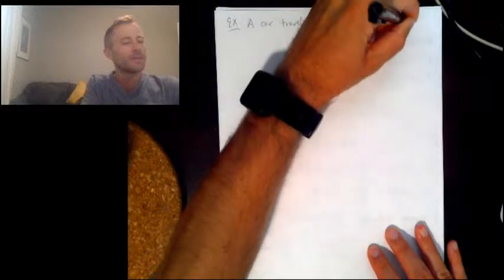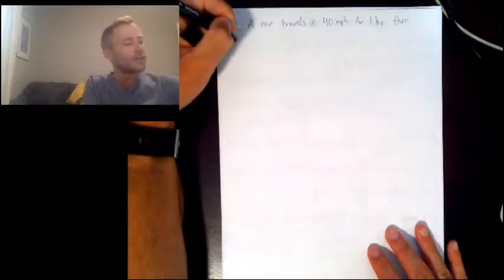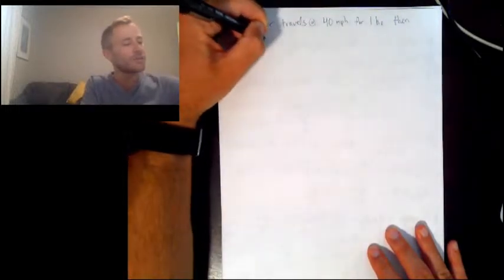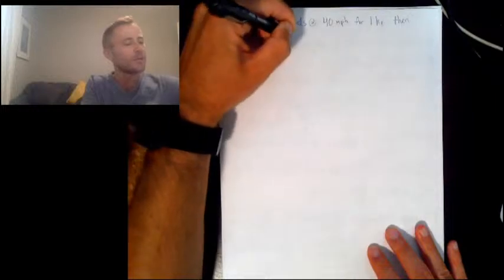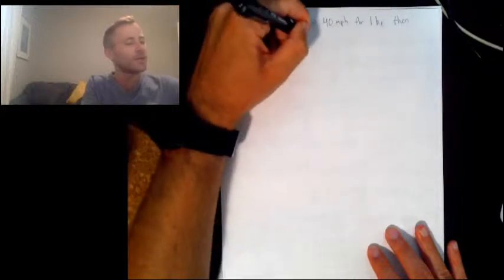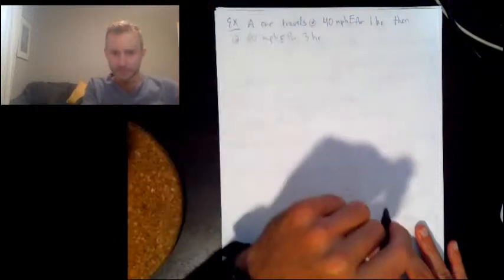Then, at 60 miles per hour for 3 hours. Okay? Oh, and I'll put some directions in here. We'll just say east and east. Okay?